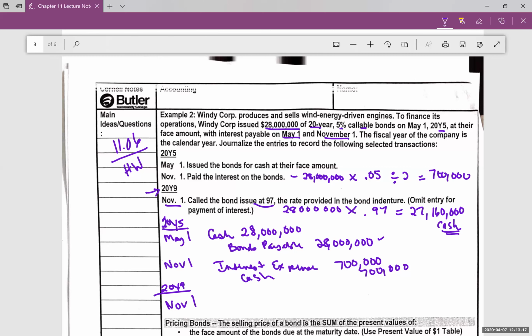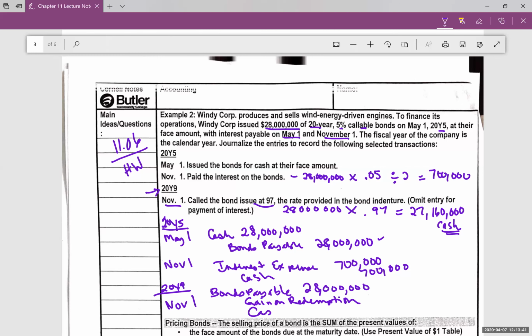So November 1st. The debit account is bonds payable. It's the same amount as what we originally set it up for, $28 million. Then we have a gain on redemption. Credit of, I'll put that number in there last.